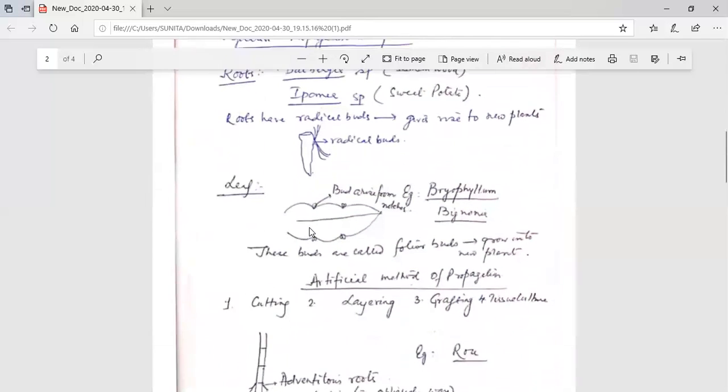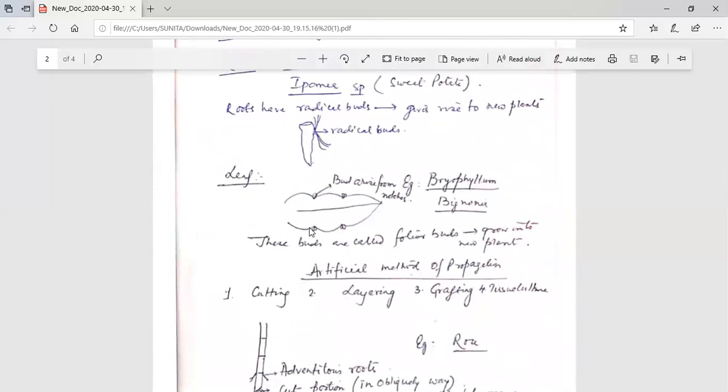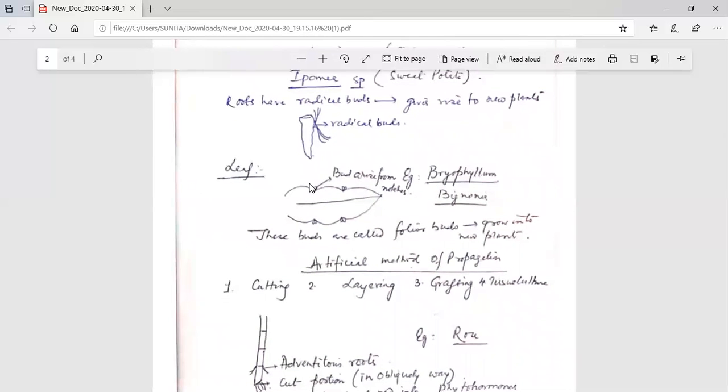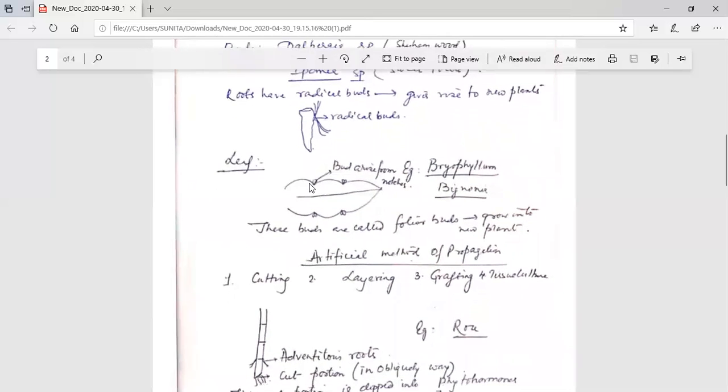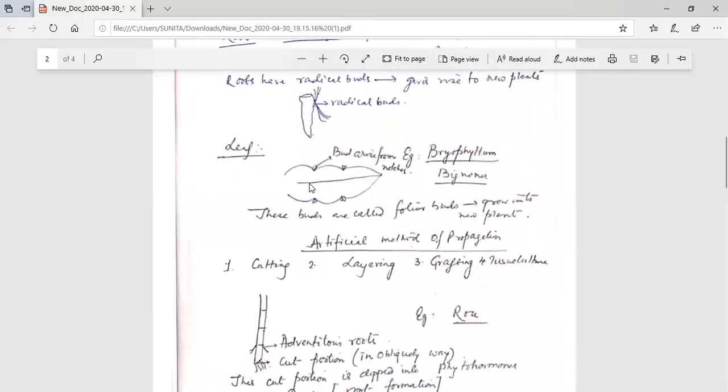Next, the leaf: Bryophyllum, where the leaves have buds on their margins. When the main leaf dies off, from these notches the buds fall onto the soil and grow into a new individual. In this way, root, stem, and leaf help in reproduction.